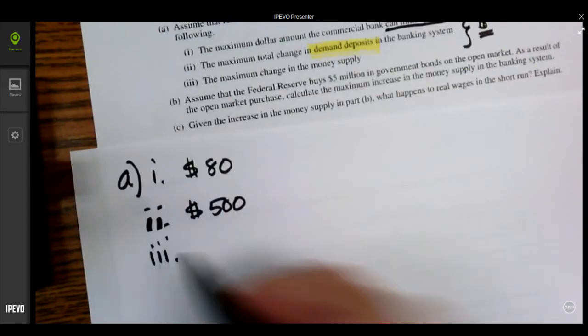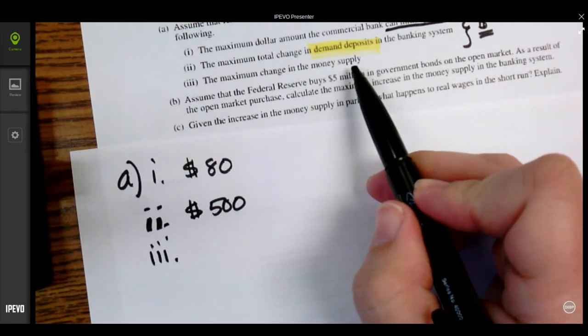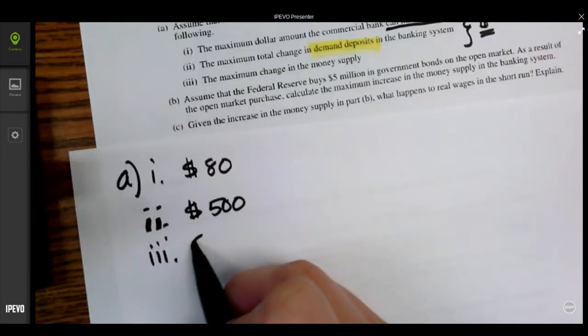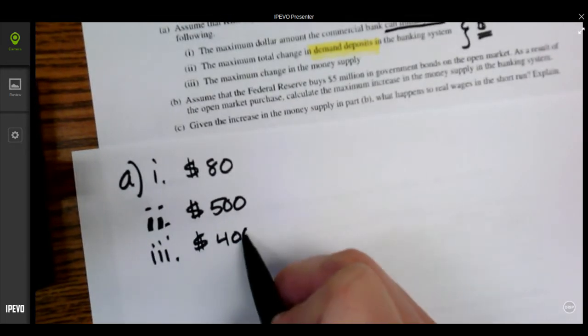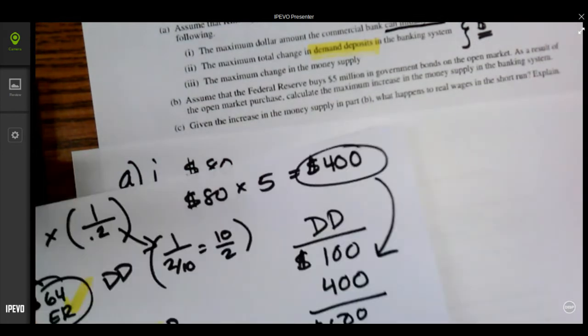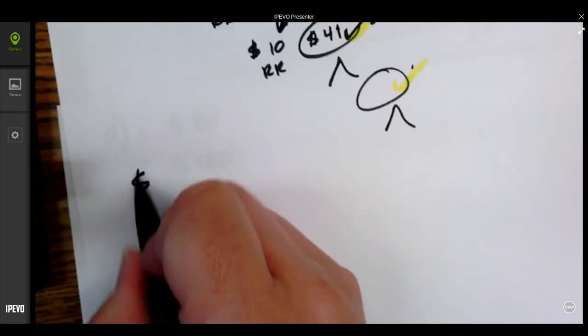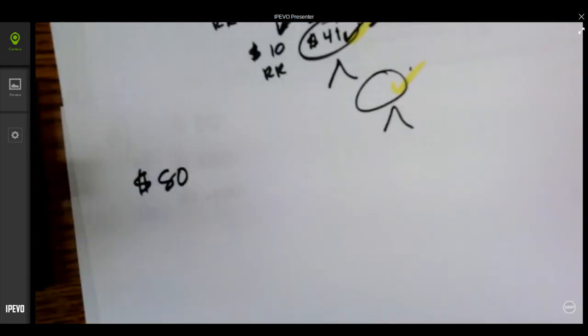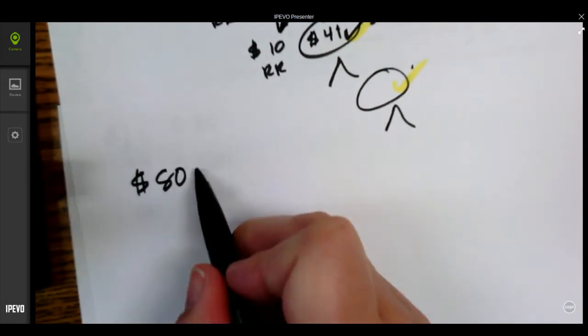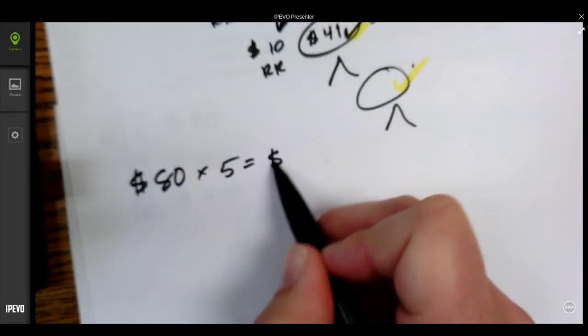Now, for my brain, I wish part 3 was asked first because we already figured that out when we did the money multiplier up here. Remember, there's 2 ways to do this. You can take the initial amount of money that the bank can loan, $80, and multiply it by the money multiplier, and you get 400.